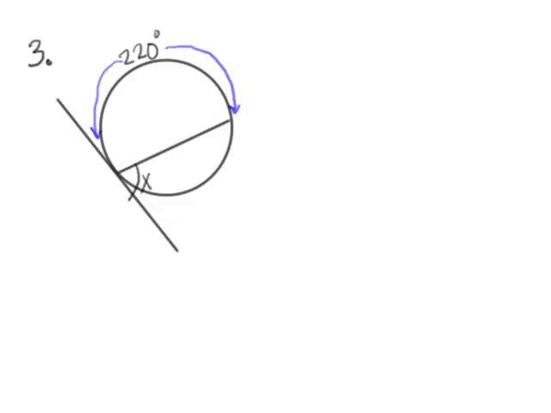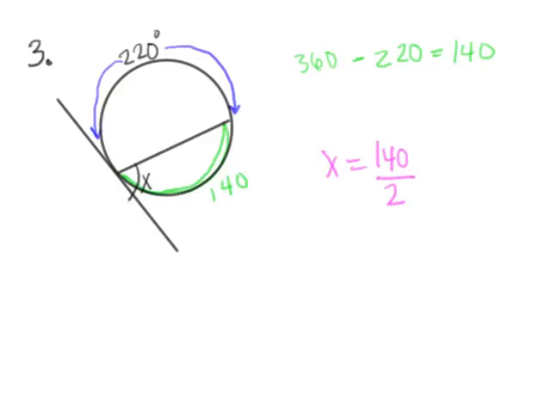So then to get the rest of this arc over here, that I don't know, I could do 360 minus that 220, which would equal 140. So this arc over here is 140 degrees, and then in order to get x, I know that x must equal half of that, so I'll take 140, I'll divide it in half, and I'll get 70 degrees.